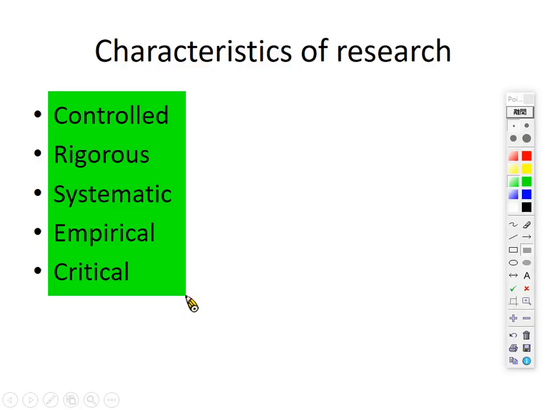The third one is systematic, which means that all the processes are designed in advance, and you just follow the way. For example, if I want to measure your height, now we have 41 students here, and everyone comes onto the platform. Imagine there's a height scale here, and everyone comes here to measure your height.